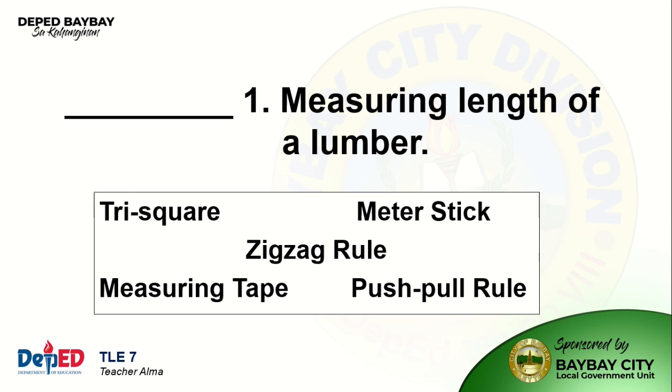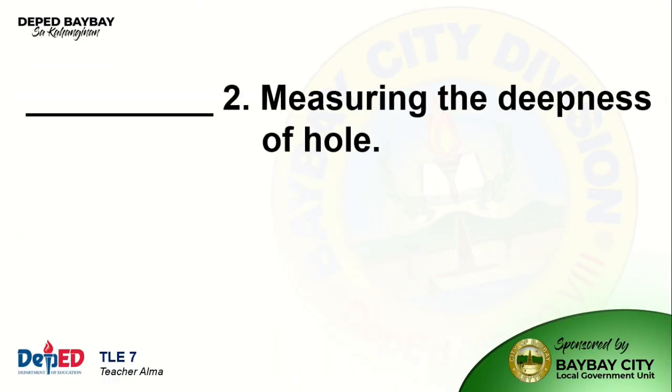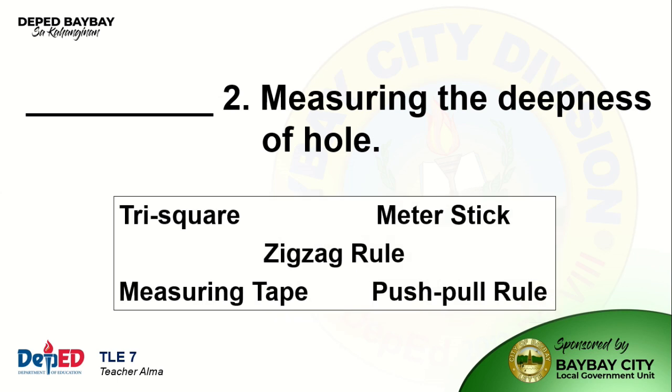Time's up, and the correct answer is push-pull rule. Number 2. Blank is used in measuring the deepness of a hole. Your 5 seconds starts now.